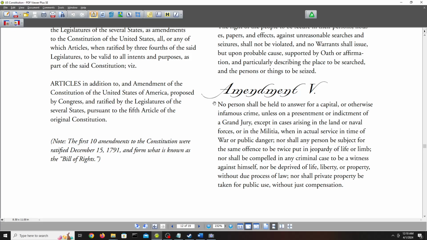That's one of the many ways, making sure you don't get locked up without a grand jury presentment or indictment. And a presentment or indictment, they're the same thing. It's just a list of the charges against the accused and potentially a list of witnesses as well for the accusations.